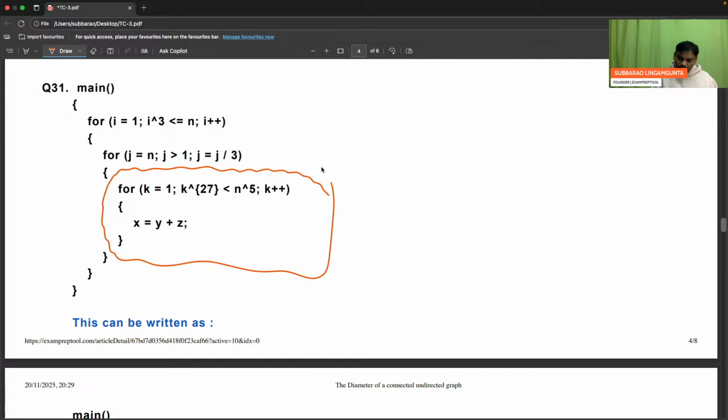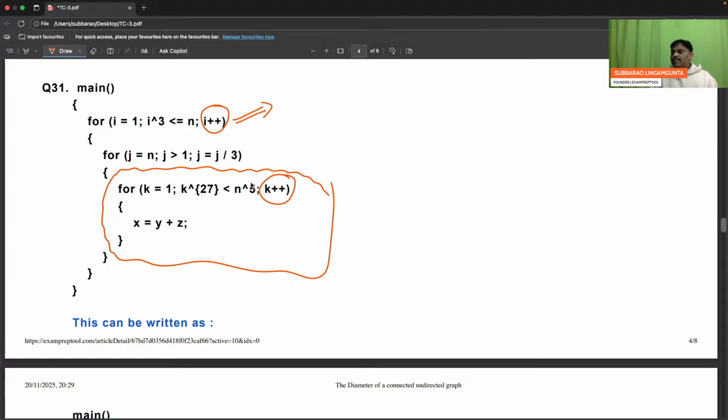And what about the I loop? If you observe clearly, I is always incrementing by plus 1, and k is also always incrementing by plus 1. How it is incrementing will decide the time complexity. Wherever power is there, please don't go.